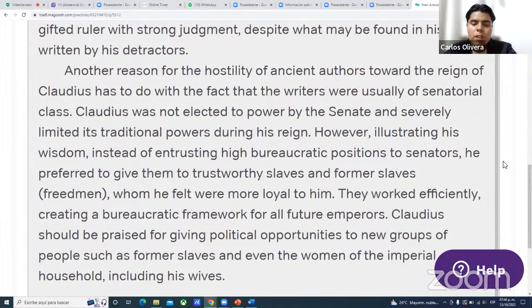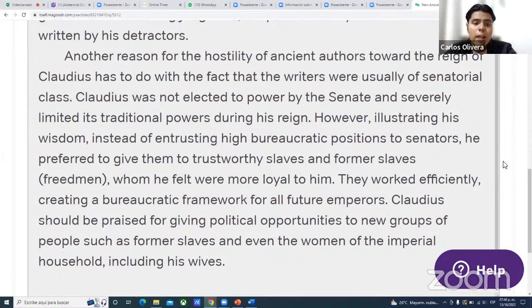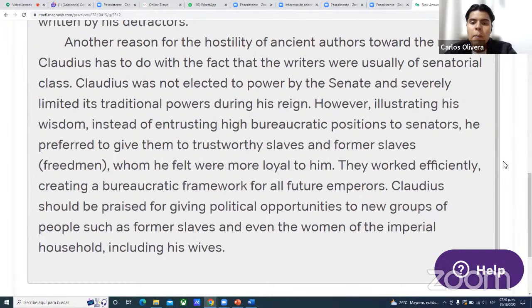Another reason for the hostility of ancient authors toward the reign of Claudius has to do with the fact that the writers were usually of senatorial class. Claudius was not elected to power by the Senate and severely limited its traditional powers during his reign.